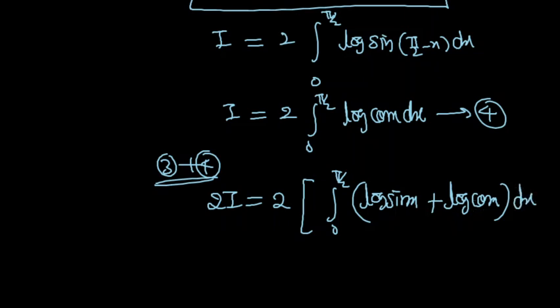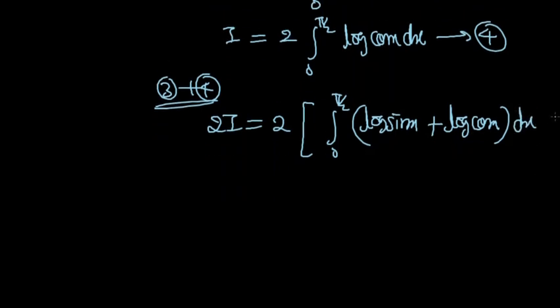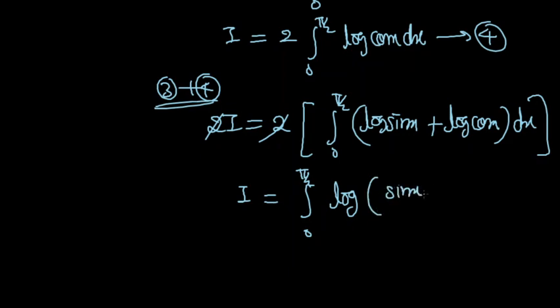So log a plus log b is log ab. We can cancel the 2. I is equal to integral 0 to pi by 2. We can write together log of sin x cos x dx.